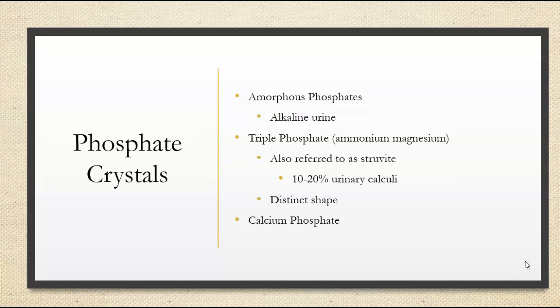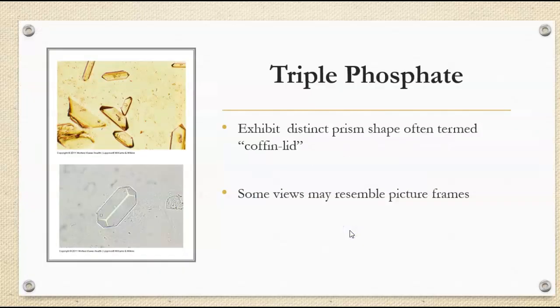So our phosphate crystals in alkaline urine: triple phos, or ammonium magnesium phosphate, also referred to as struvite. 10 to 20% of urinary calculi can be triple phos in nature. It has a nice distinct coffin lid or prism shape.